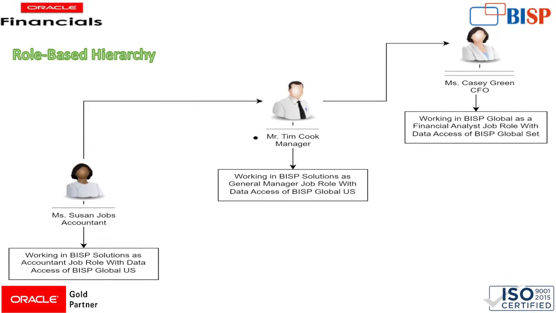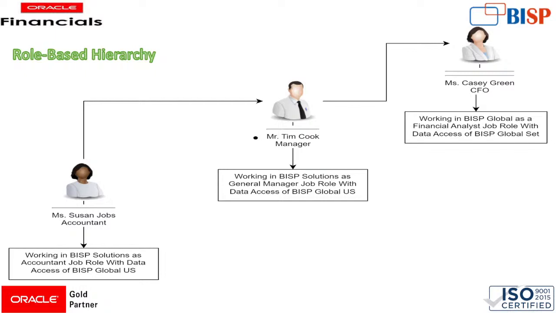So I have created a role-based hierarchy in which Ms. Susan Job is a junior accountant working in BISP Solution with an accountant job role, with data access of BISP Group US.